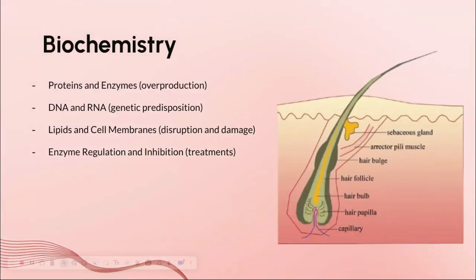So, to connect this back to the biochemistry unit, first I want to look at proteins and enzymes. Obviously, proteins and enzymes are fundamental to cellular function and immune responses. Enzymes such as kinases and proteases are involved in signaling pathways that regulate immune activity.